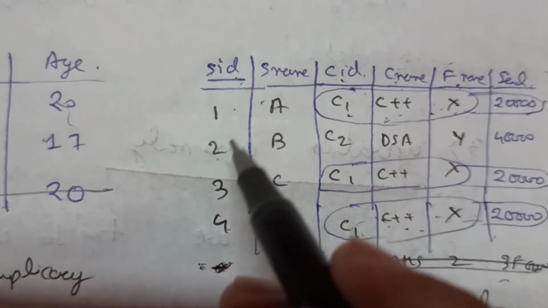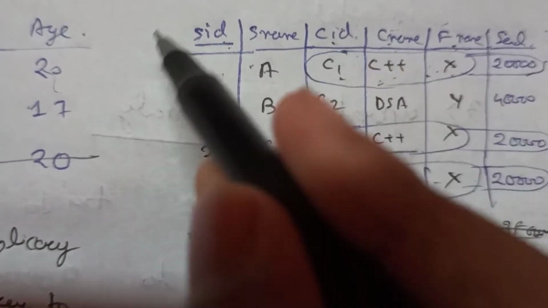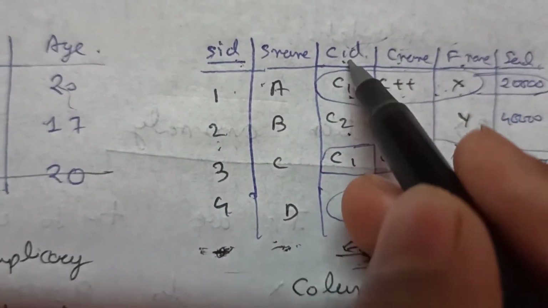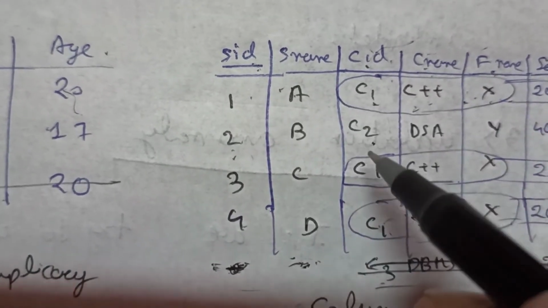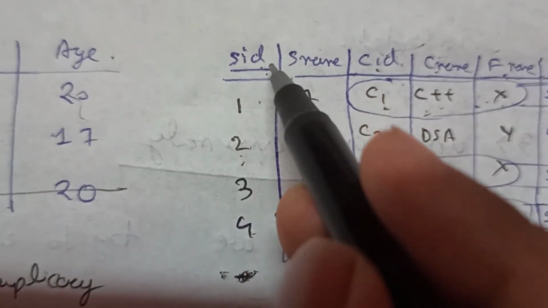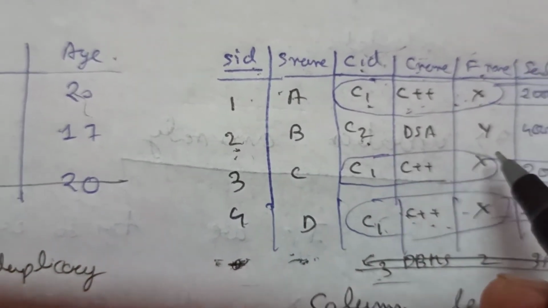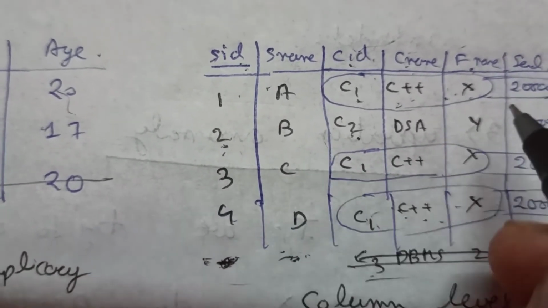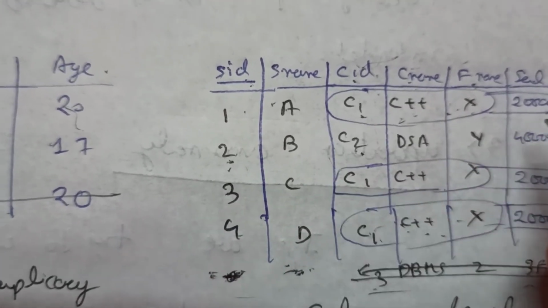For SID 2, the course ID C2 is taken. There is only one student, that is SID 2, who is taking the C2 course. There are no other students inside our whole table who are taking the course C2. So if we want to delete the details of the student SID 2, then all the details about the course and the faculty and his salary will get deleted, because there is no other student who carries the details of the course C2 and its faculty.